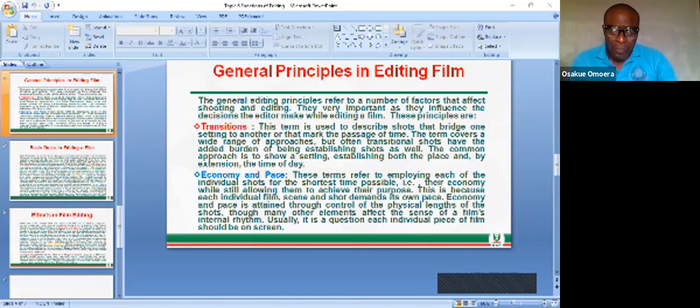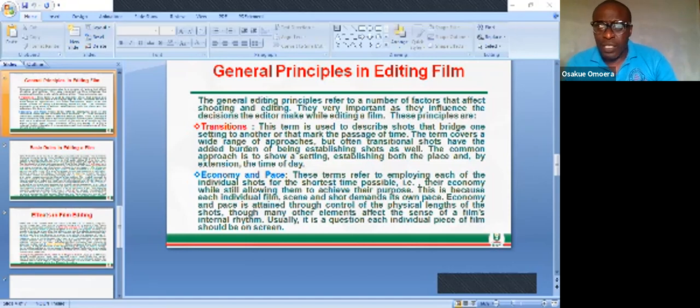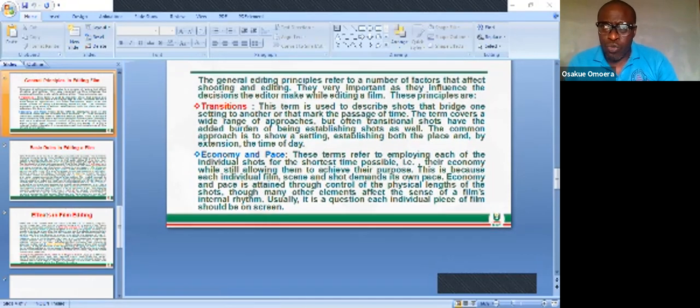So having noted the general principles in editing a film, I want us to look at the basic rules in editing a film. The basic rules in editing a film.